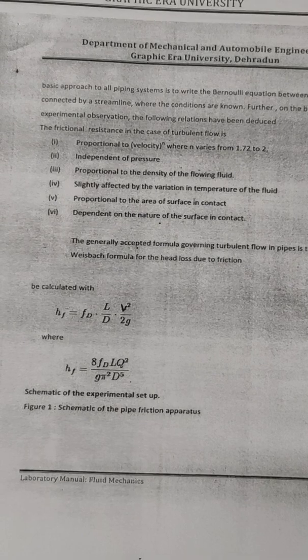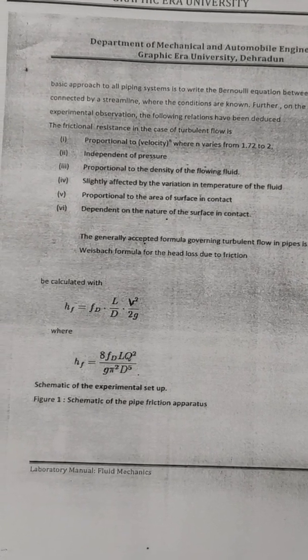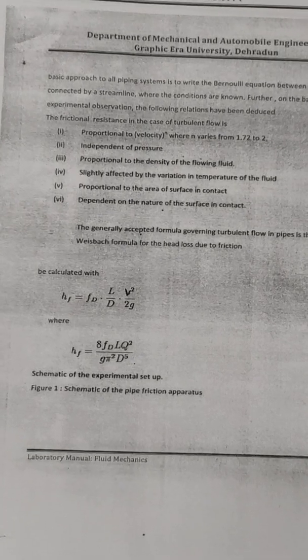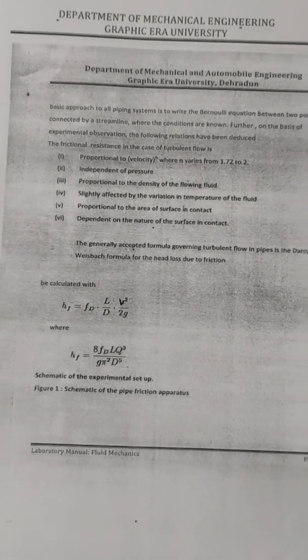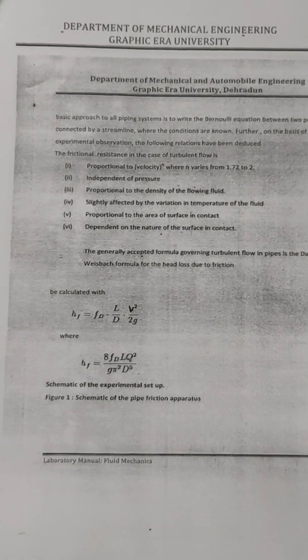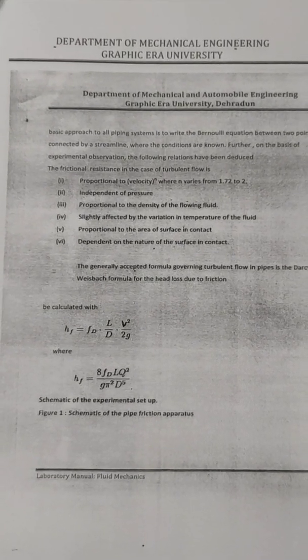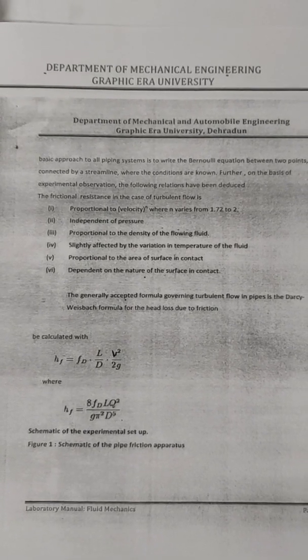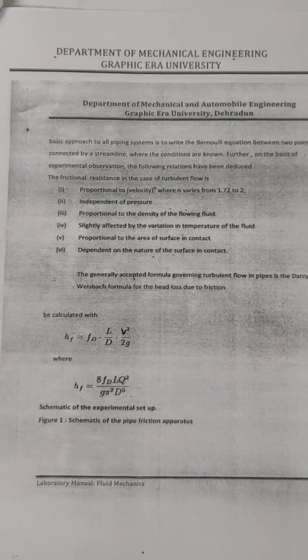L is the length between the 2 points marked in the pipe, D is the diameter of the pipe, and velocity we can get from the actual discharge, since Q = A × V, so V = Q divided by area.